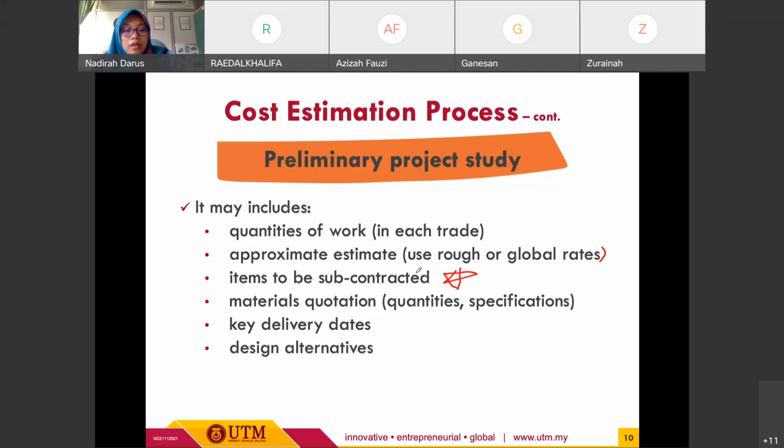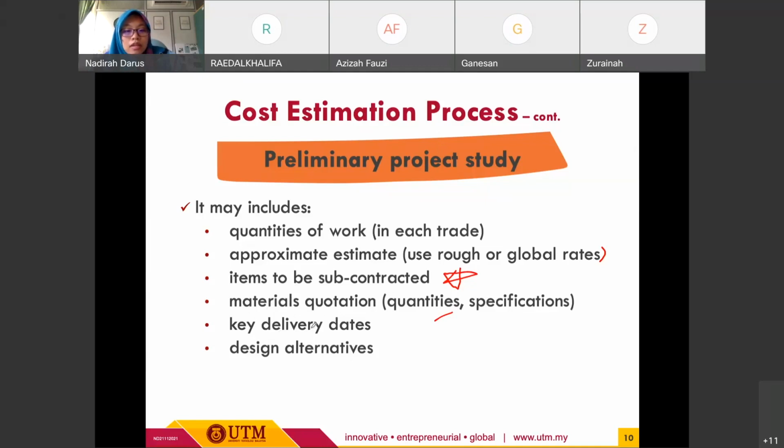And by conducting this kind of study, other information that can be obtained is the materials quotation, including the quantities and specification for each of the works to be carried out, or each of the materials required for the works to be delivered.